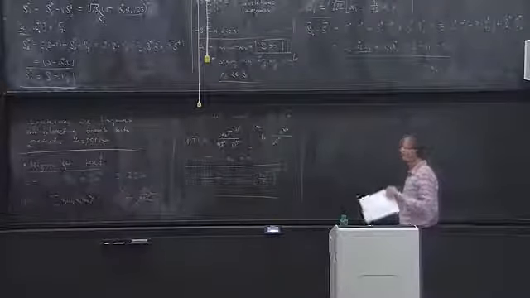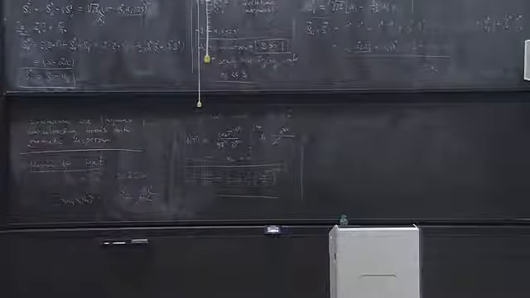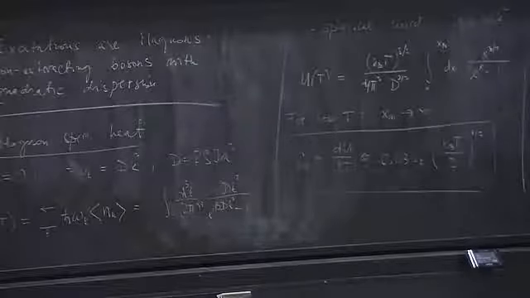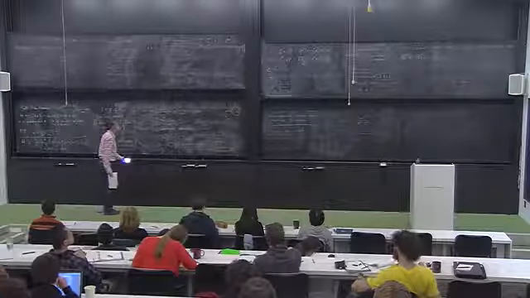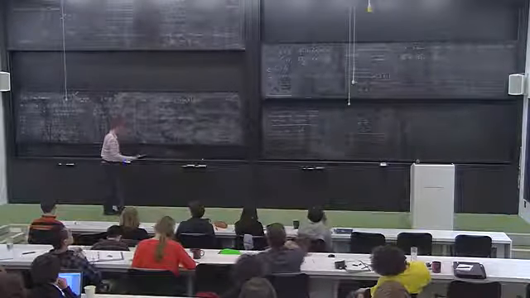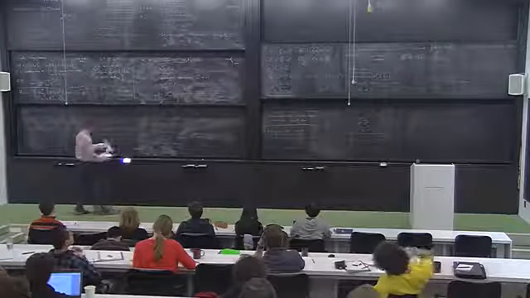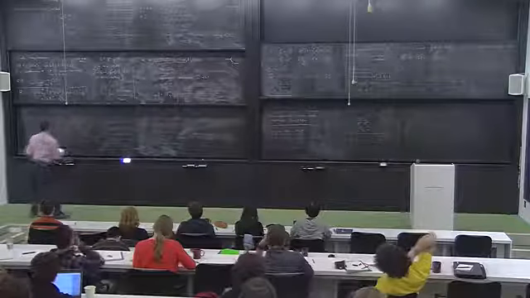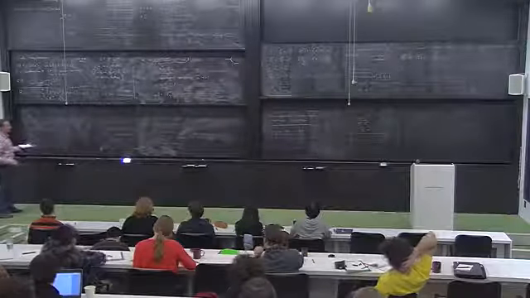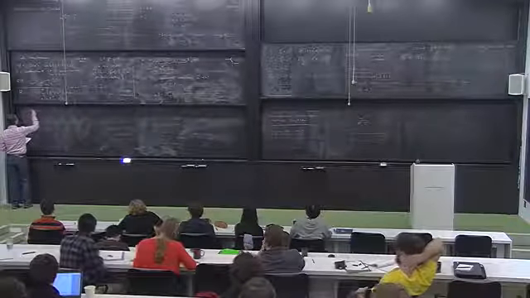specific heat? Okay, so let me, for better visibility, move to the other side. And let's move on to the last topic. Here's another quantity that one can actually measure experimentally and calculate theoretically, which is called magnetization reversal.